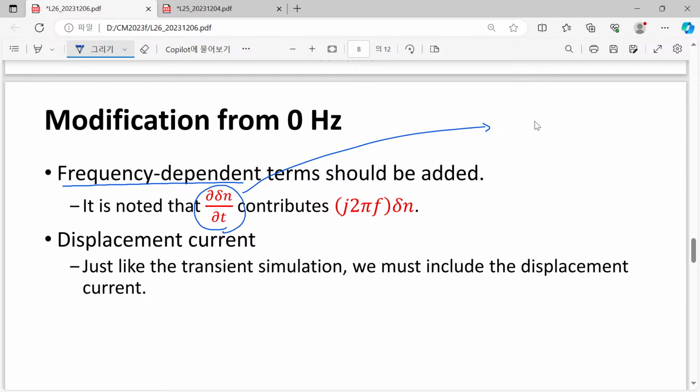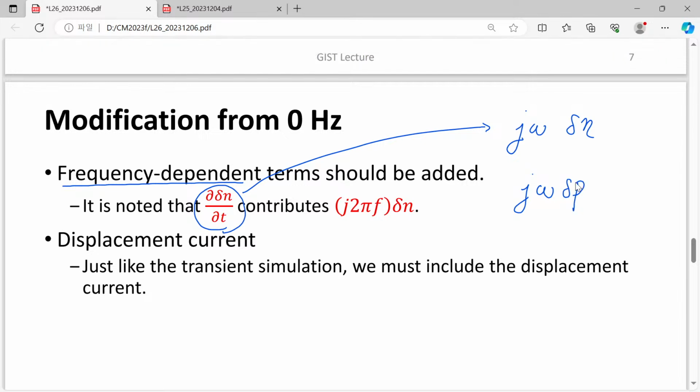In this case that can be just converted into j omega delta n. Of course, you can have similar terms like j omega delta p. These terms should be included in your new system matrix.